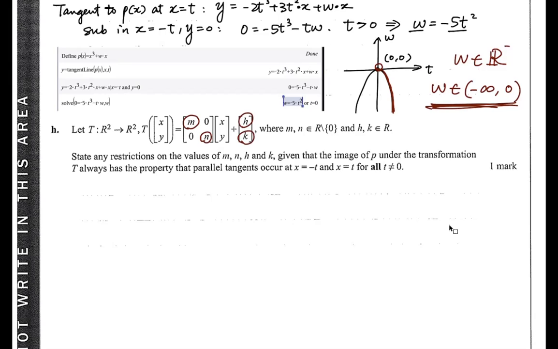So we want to state any restrictions on the values of M, N, H, and K, given that the image of P under the transformation T always has the property that parallel tangents occur at x equals minus t and x equals t for all t not equal to 0.